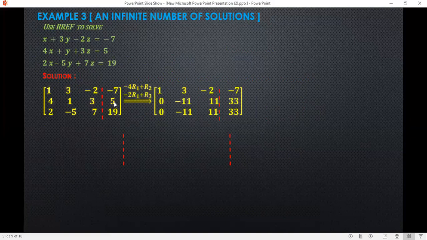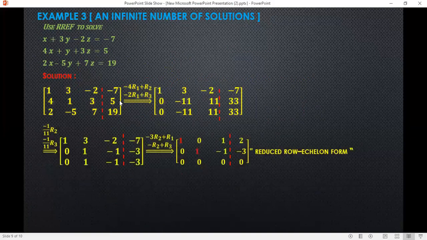After that, I'm going to divide the second and the third rows by -11 to put it into the row echelon form, and then I'll get this form. The first row is still the same, and the second is 0, 1, -1, and -3, and the third is 0, 1, -1, and -3. Actually, the second and third rows are the same.